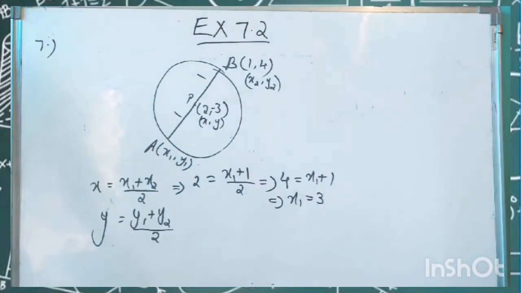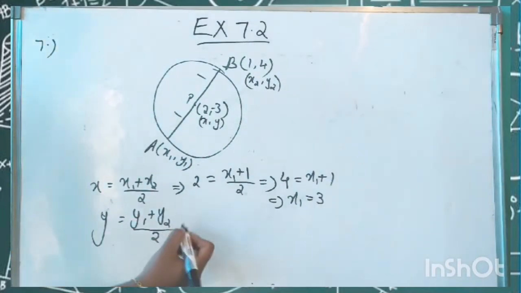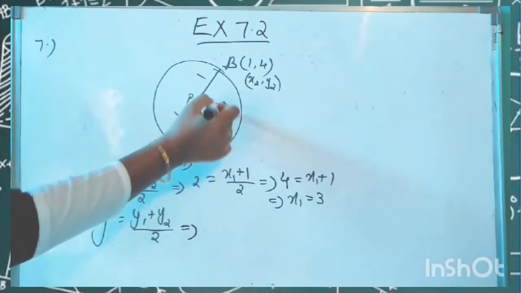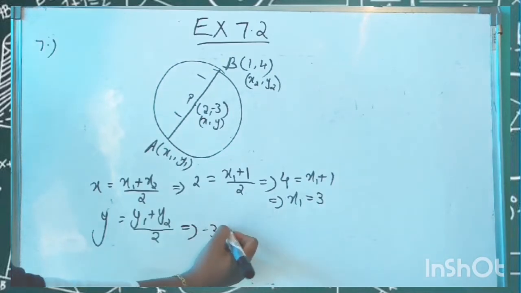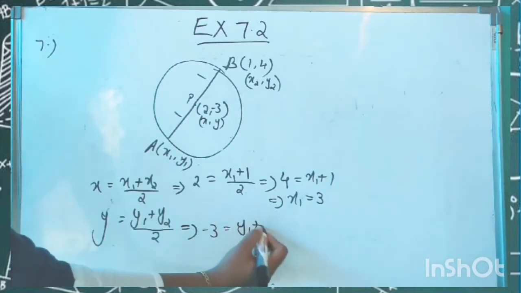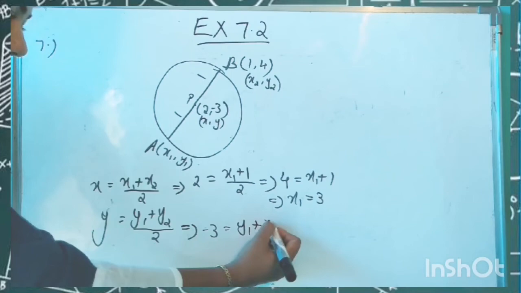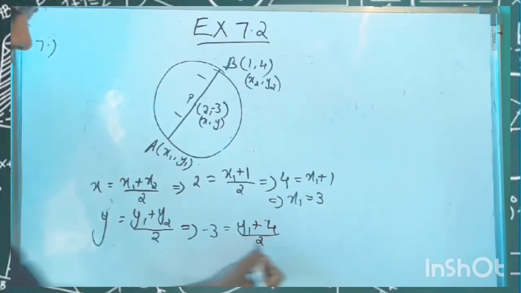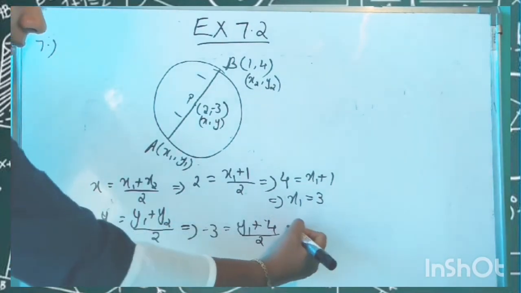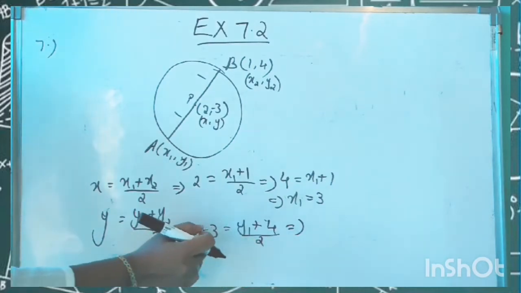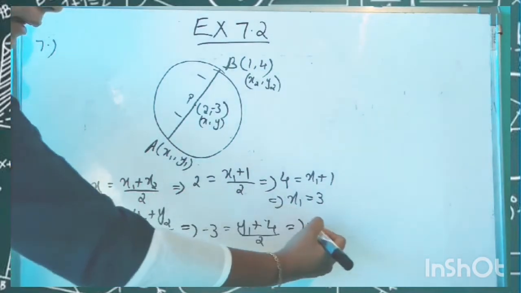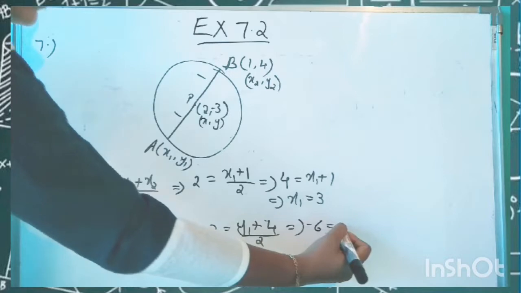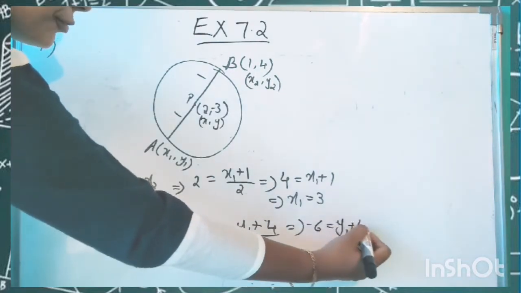Now consider the second one, y. The y value is -3, which is equal to (y1 plus 4) divided by 2, since y2 is 4. So 2 into -3, that is -6, is equal to y1 plus 4.